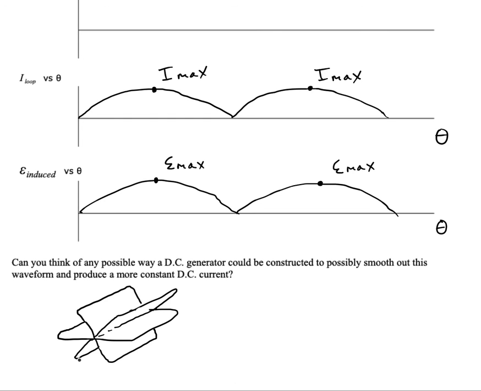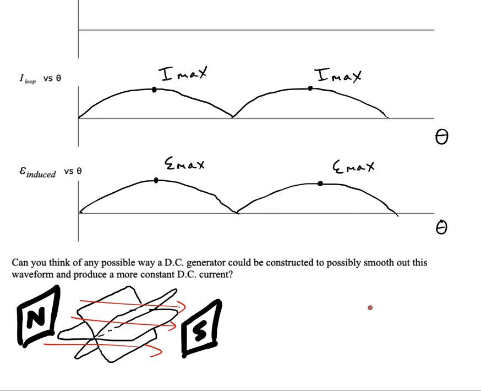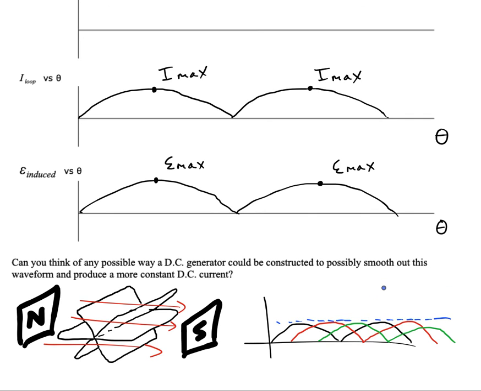And so if we have multiple loops all spinning in a permanent magnetic field, then when we go to graph it, what we'll see is we'll have multiple waveforms that can all be added through superposition in order to simulate a nice DC voltage or current.